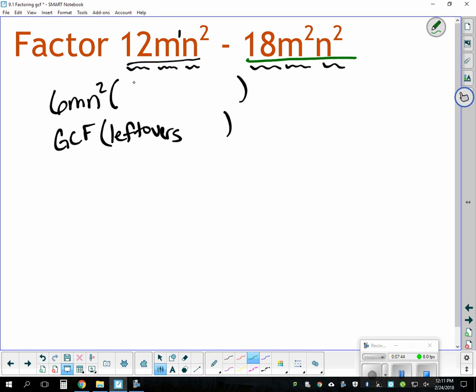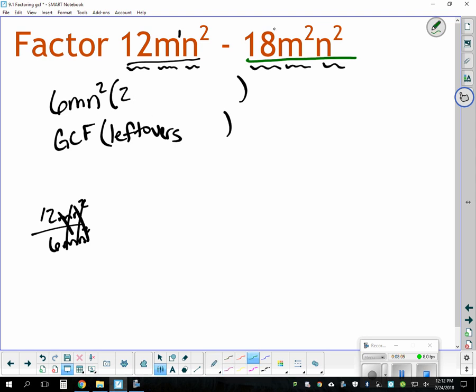Well, 12 divided by 6 is 2. M divided by m would cancel. N squared divided by n squared would cancel. So all we're left with is 2. So what I just did was 12mn squared divided by 6mn squared: canceled, canceled, and 12 divided by 6 was 2.